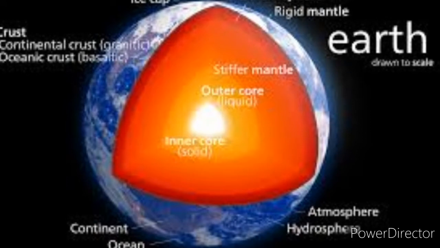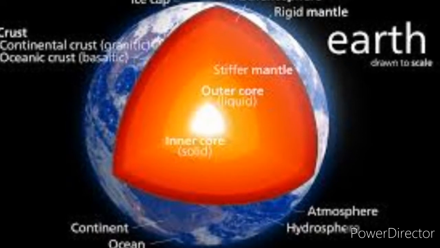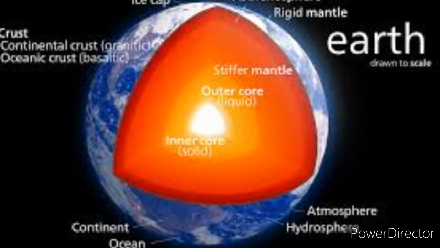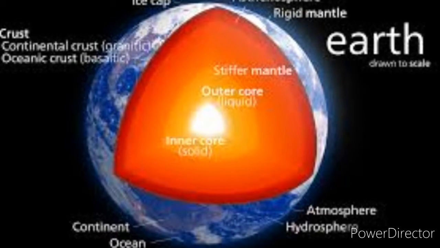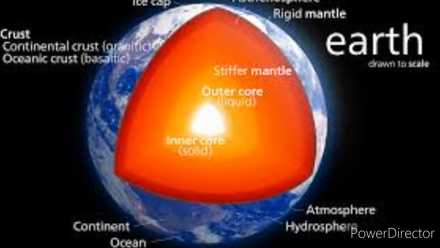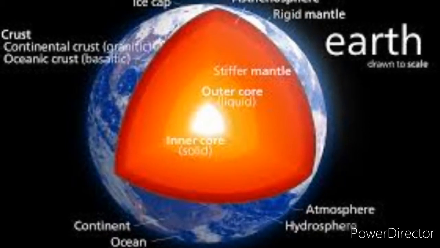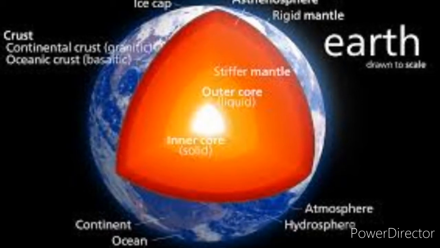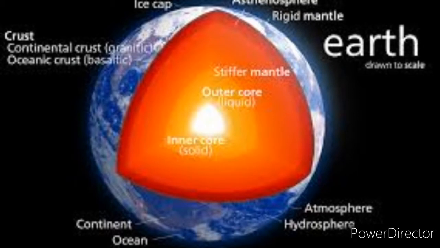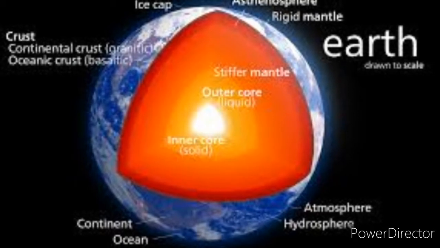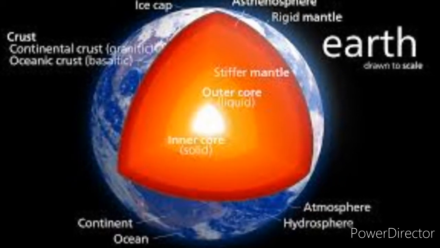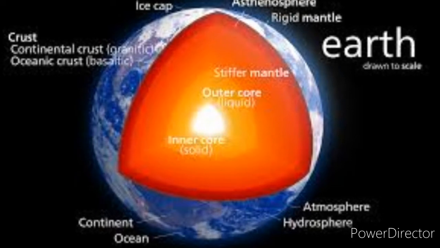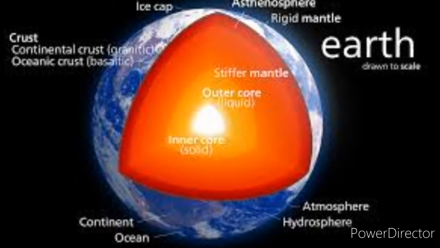The core is also divided into two parts. The outer core, which is rich in iron, is in a liquid state. It extends between 2,900 km to 5,150 km. The inner core, composed of nickel and iron, thus called nife, is solid in state.